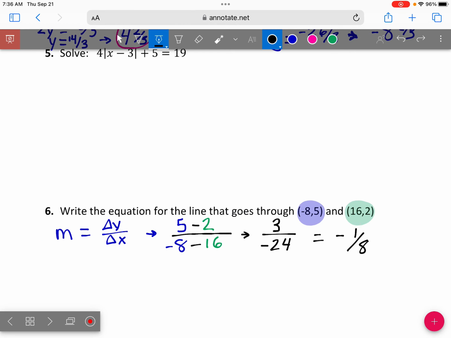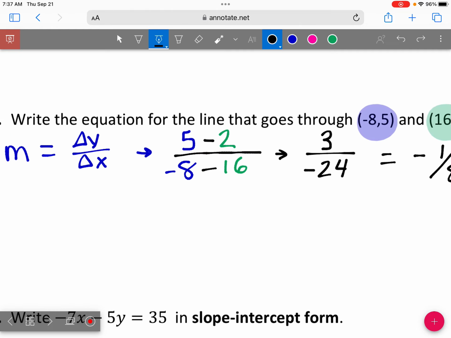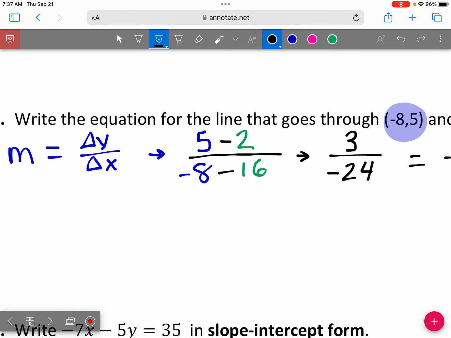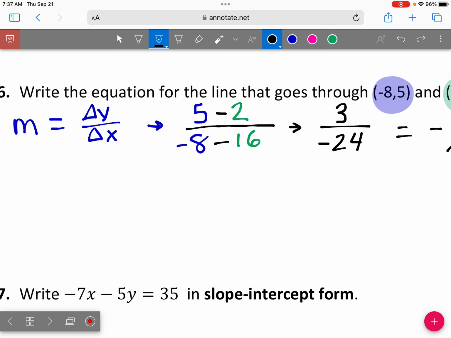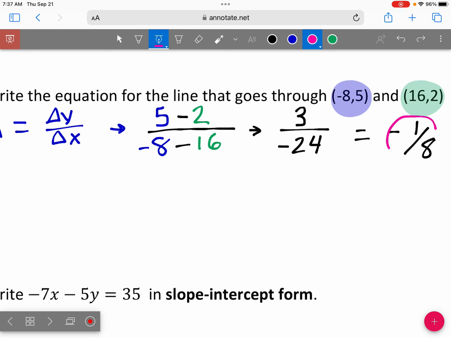Slopes can be very fractiony. I would make sure our values don't go fractiony, but the slopes definitely probably will be fractiony. But we're asked to write an equation, not many, just one. We're going to pick one. So that's when we take our slope and one of our points to write our equation, just like we did in the bell work.